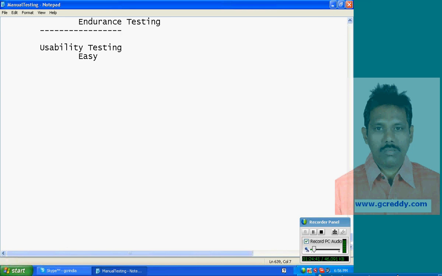First, it has to provide easy navigation. Next, look and feel. Generally you can find on the internet that most applications use blue color, sky blue. Windows default color is also blue.